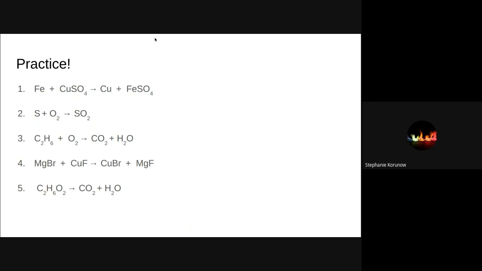So because a single element is switching with part of the compound, this is going to be a single replacement reaction, okay? Because a single element is swapping with part of the compound. Now here we have S plus O2 produces SO2. So here we only have one product and our reactants are combining to make that one product. So if it's combining, it's a synthesis reaction.